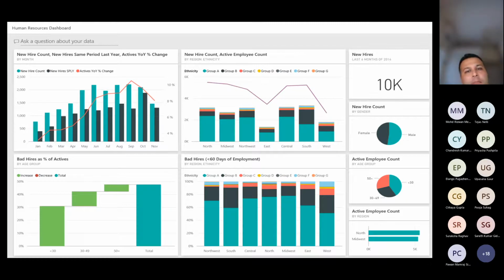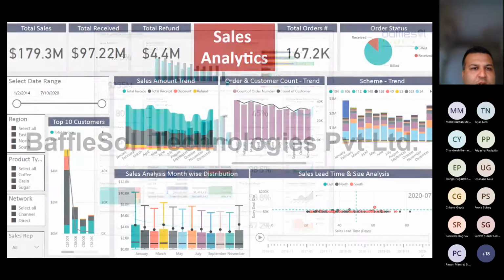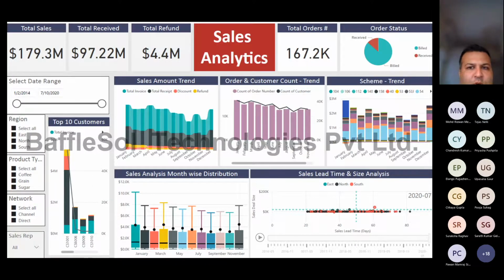Let's take an example. On this particular dashboard, we do have numbers, but what is catching your eye more? Is it a number, or is it the graph and the comparison you can see? The answer is that it is the graphical information, not really the numbers.